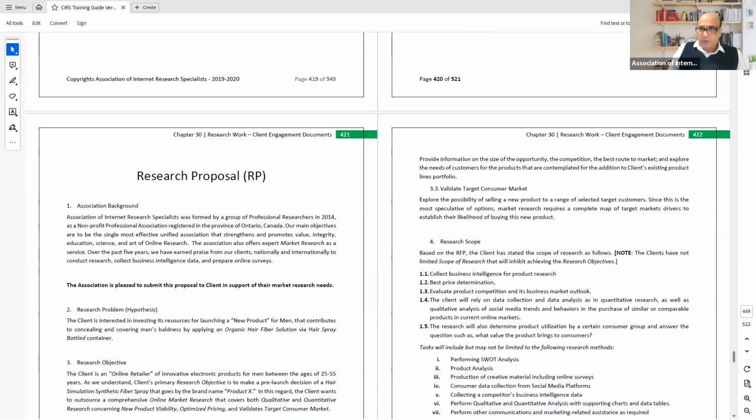In response to this, you will draw a research proposal, which is what I'm showing you now, page 421 onwards.